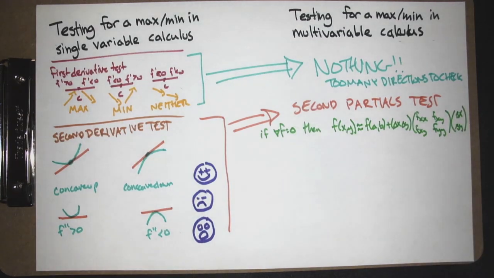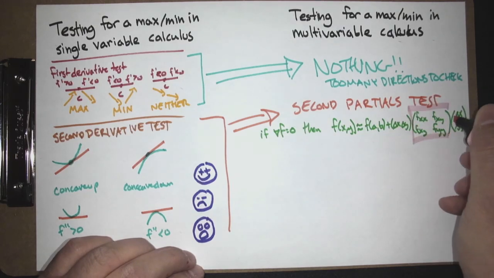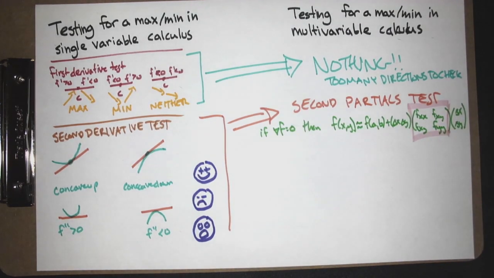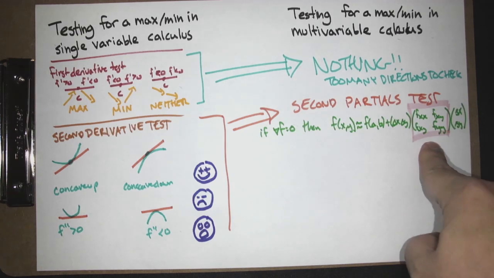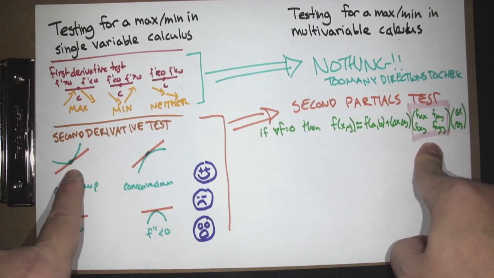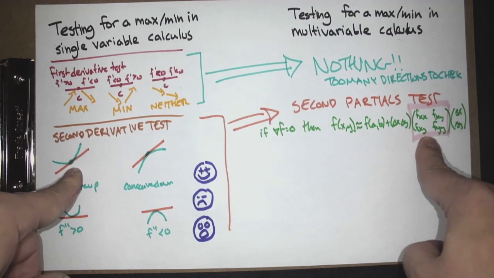So if the gradient is 0, we're behaving in this way. So this matrix, which is composed of second order derivatives, is driving behavior. And here's the punchline. This will tell us how we are coming off the tangent plane. Just like the second derivative tells us how we came off the tangent line, this tells us how we come off the tangent plane.